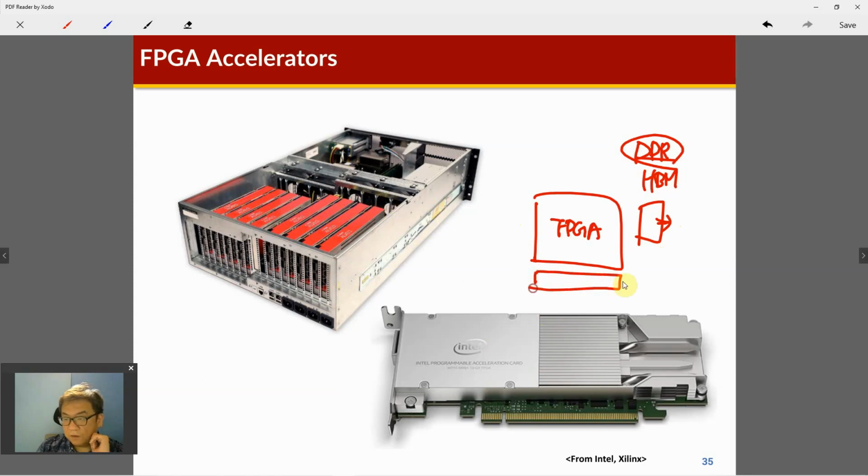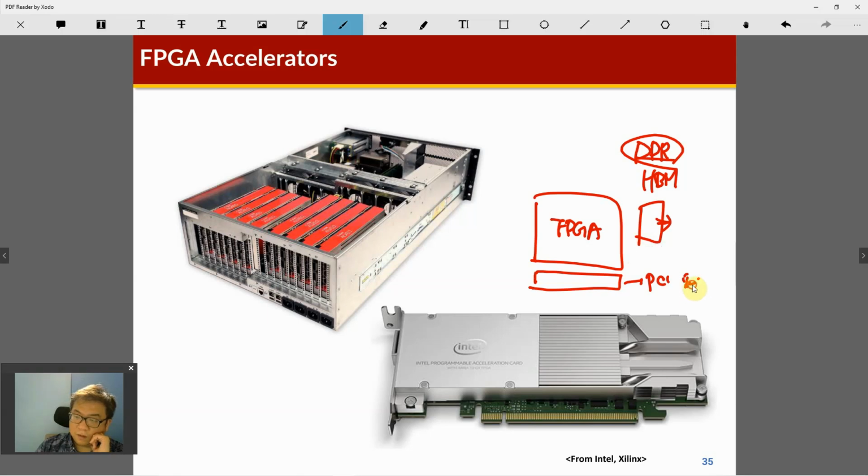So there is the PCI interface. So this is the basic structure of the FPGA accelerator, and as you can see, 8 FPGA accelerator cards are equipped in this server system.